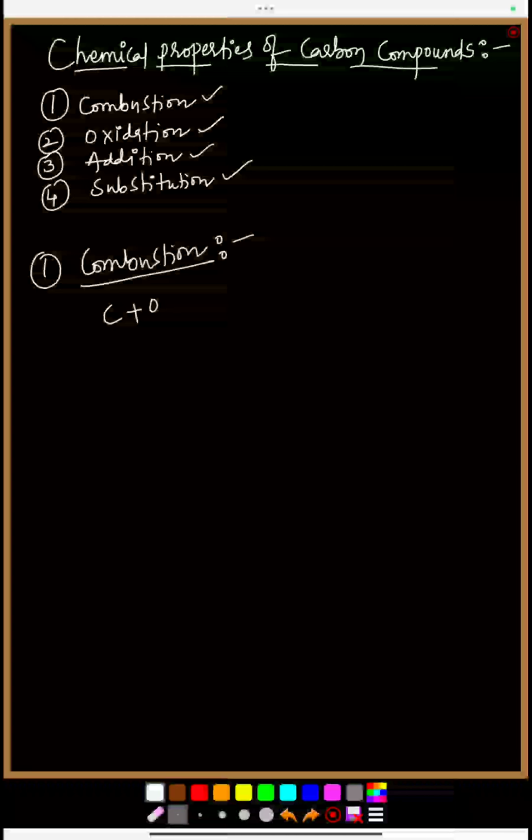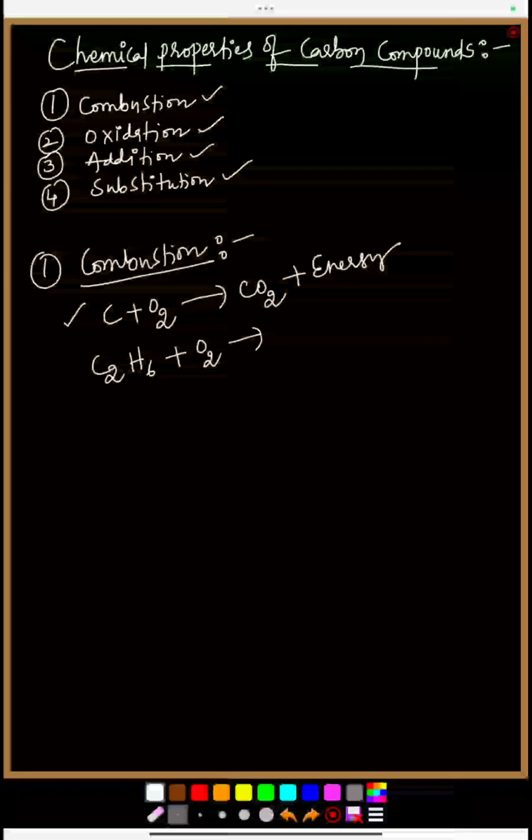Carbon reacts with oxygen and gives carbon dioxide by liberating some amount of heat energy outside, which is called a combustion reaction. Otherwise, you can take a carbon compound also, that is ethane, reacting with oxygen and giving us carbon dioxide, water, as well as energy.